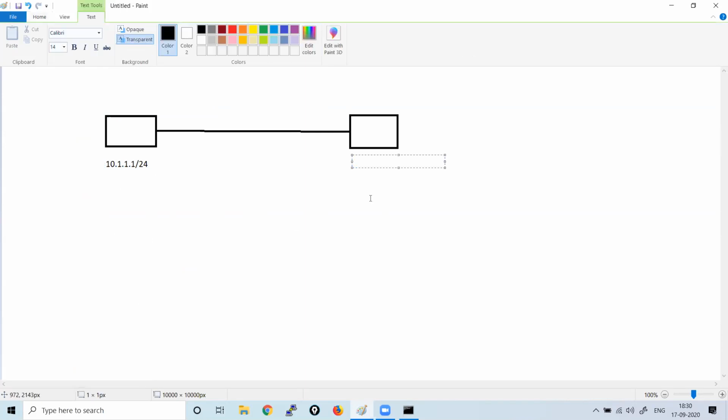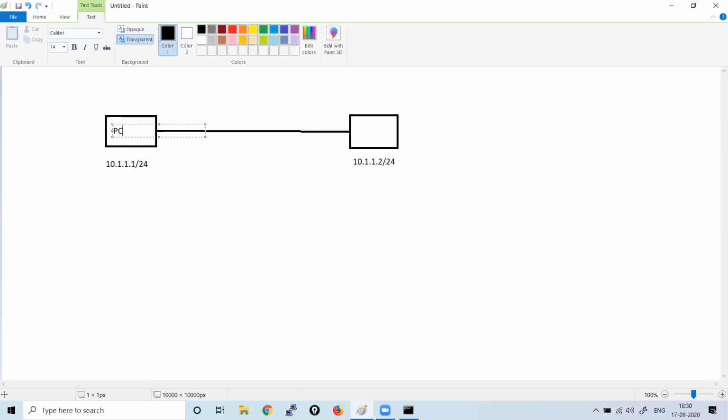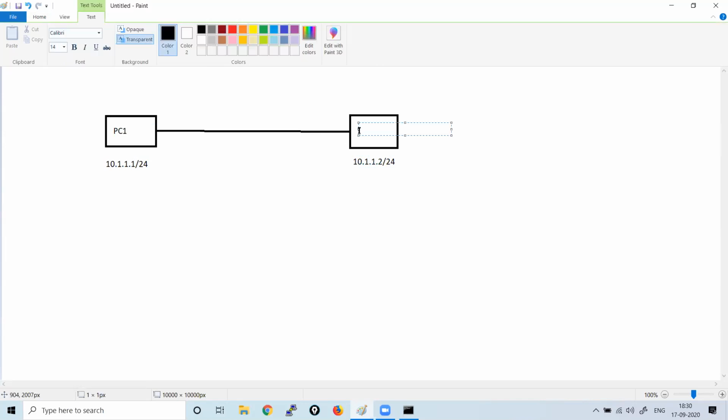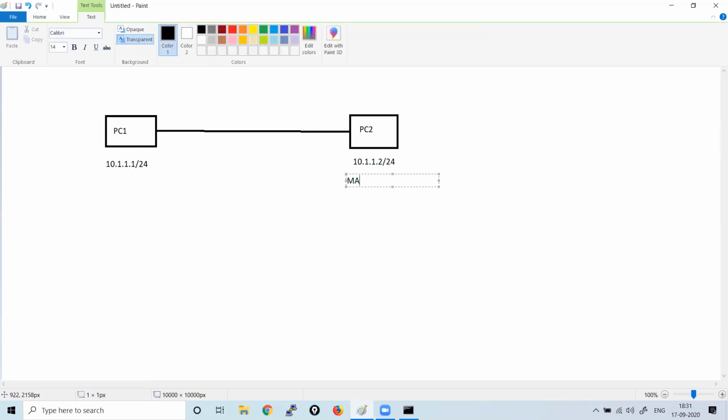The IP address of this one is... I should have some MAC address, right? For this device, I'm considering the MAC address.